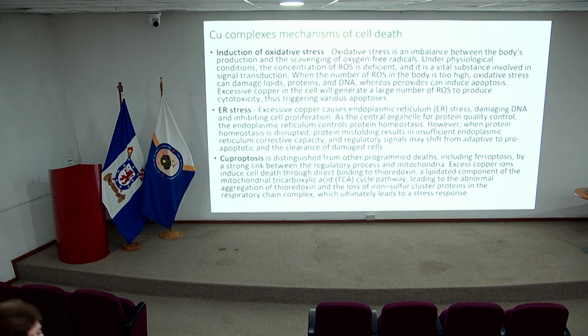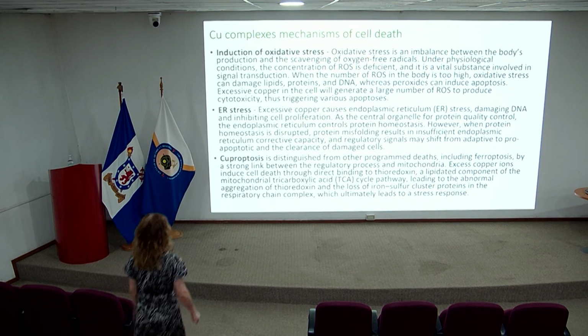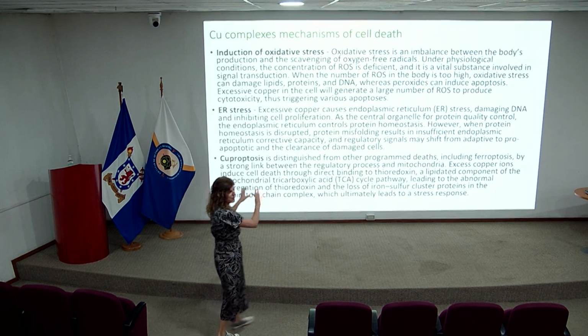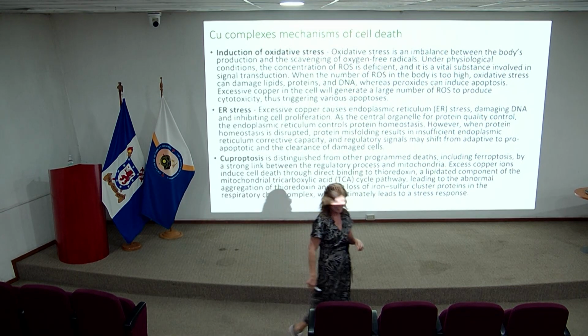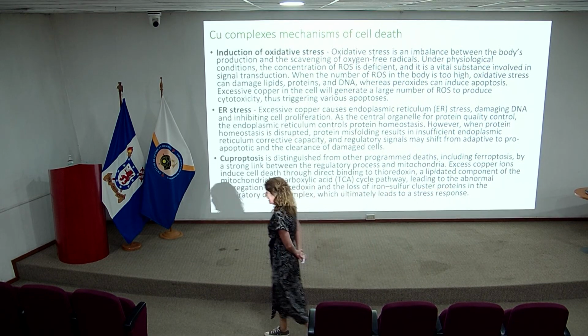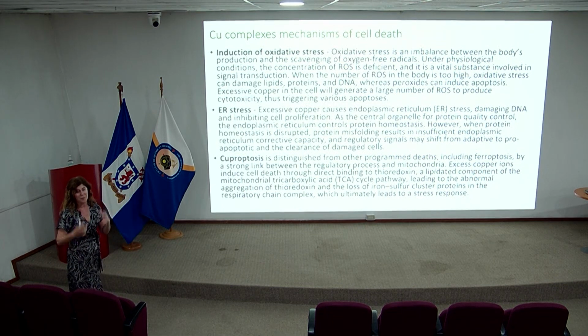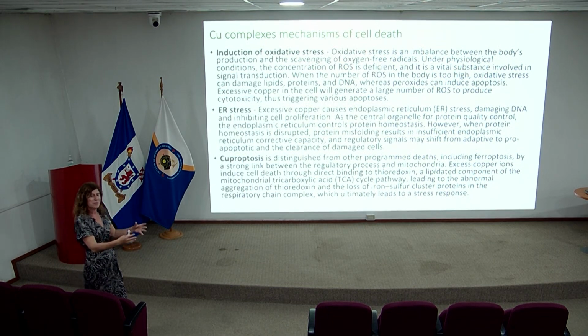Well, so maybe tomorrow I continue with this, the mechanisms of cell death. This slide is very heavy. I need to work on it a little bit more. But this is what I wanted to tell you, the importance of knowing what the active species is.